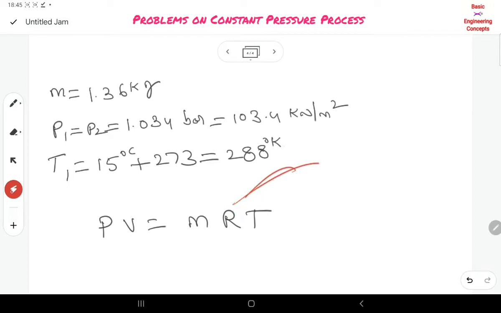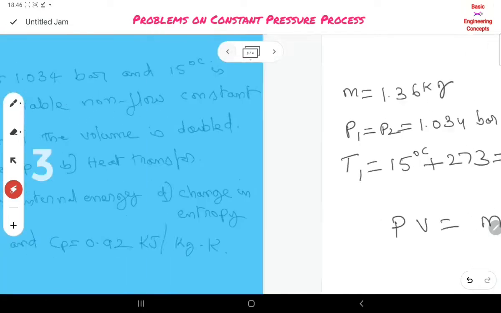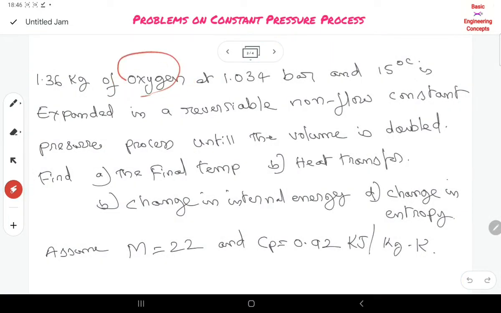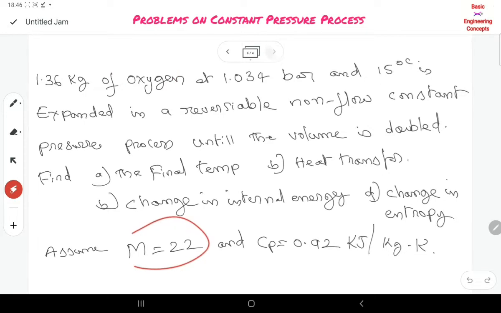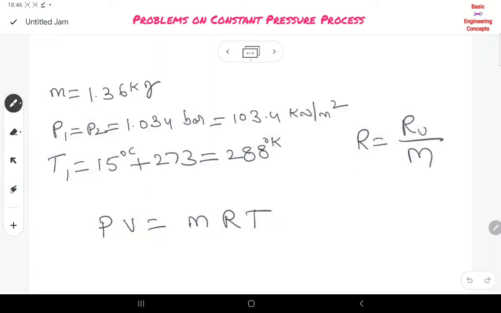You can find R for oxygen: R is equal to Ru by M, where M is the molecular weight and Ru is the universal gas constant, 8.314. This is the characteristic gas constant. The molecular weight of oxygen is 32, which is also already given. Then you can calculate R by using this.